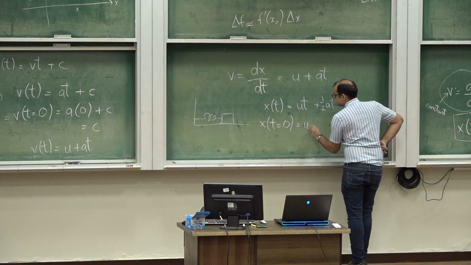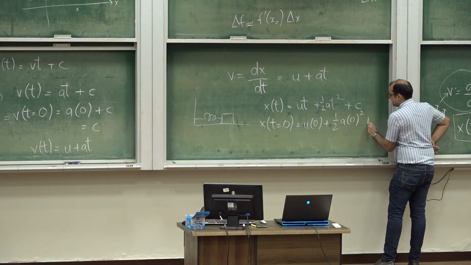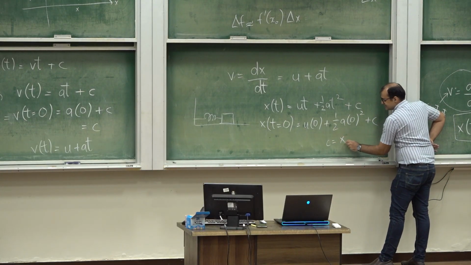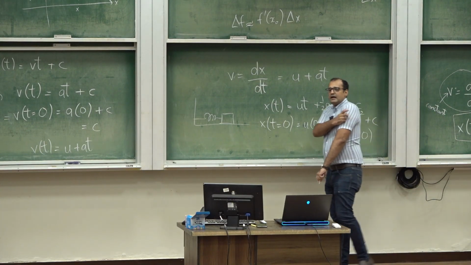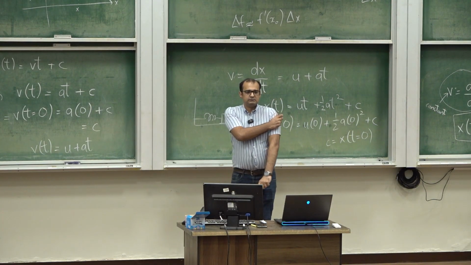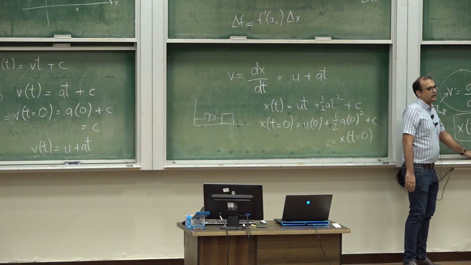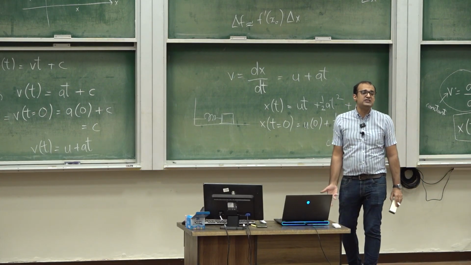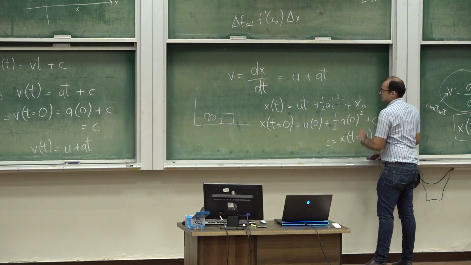You get u times 0 plus half times a times 0 squared plus c, and that means that c is just the initial position, the position of the object at the instant when you started your clock. Depending on where you place the origin of your coordinate system, aka depending on which point you started measuring positions, this can be 0 or non-zero. So you have that.